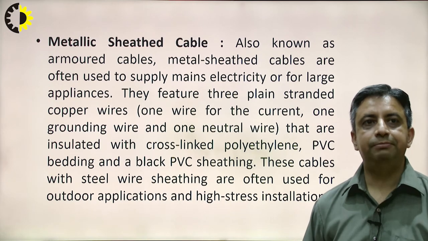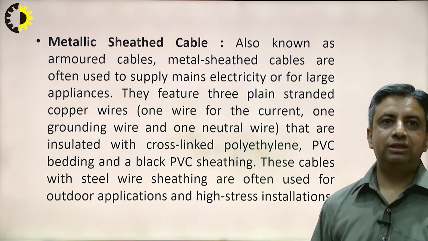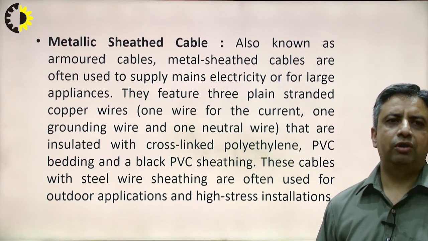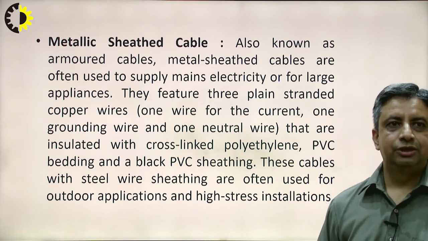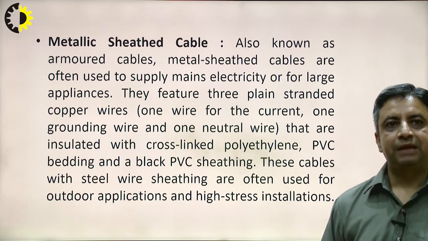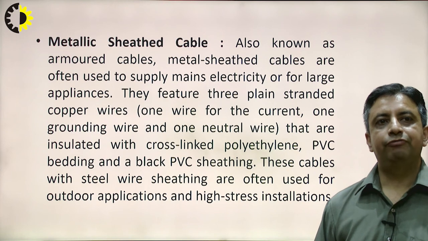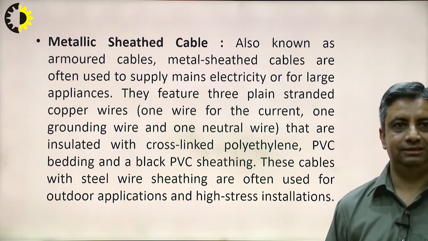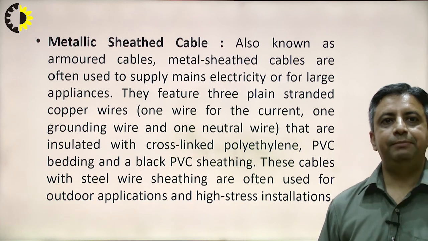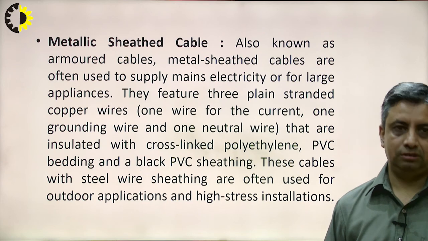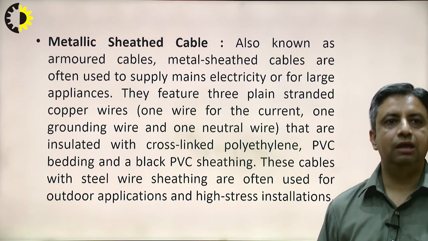The third one is the metallic sheeted cable. This type of cable, you might have seen, is generally used for various power appliances. It is also known as armored cable. Metal sheeted cables are often used to supply mains electricity or for large appliances. They feature three main stranded copper wires, one for the phase, the second for the neutral, and the third for the ground.